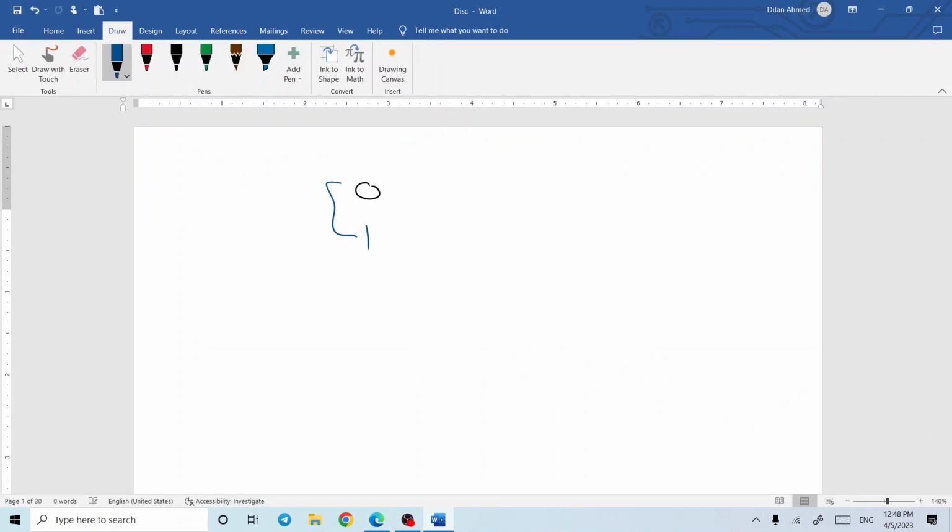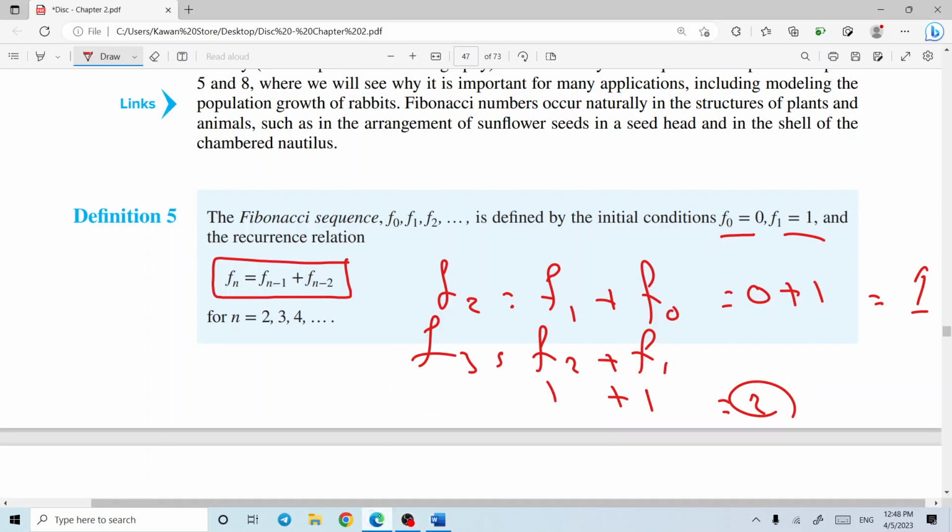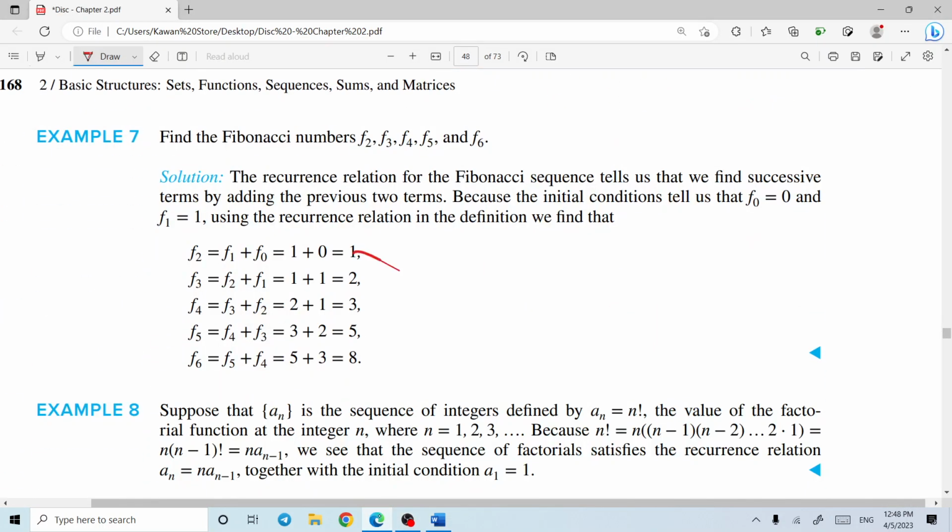Add these, 1 and 2, I get 3, then 5, 8, and go on. This is called the Fibonacci sequence. It's very important, and as I told you, it has many applications. Do you have any question about it?